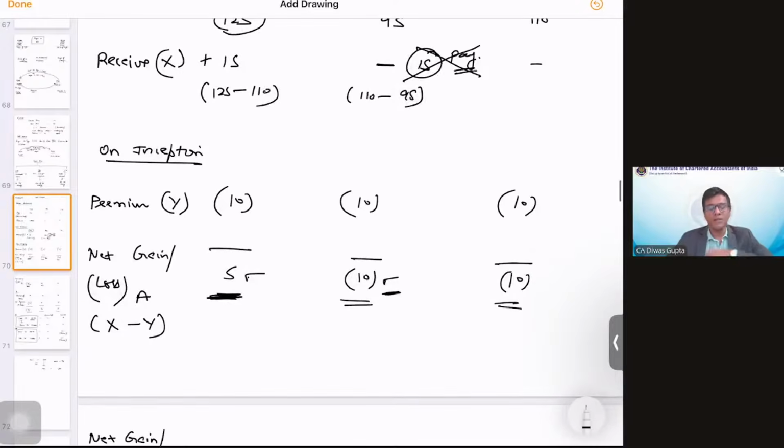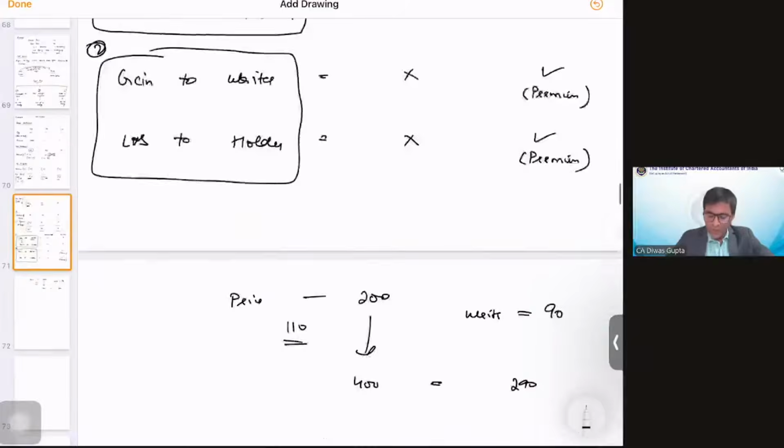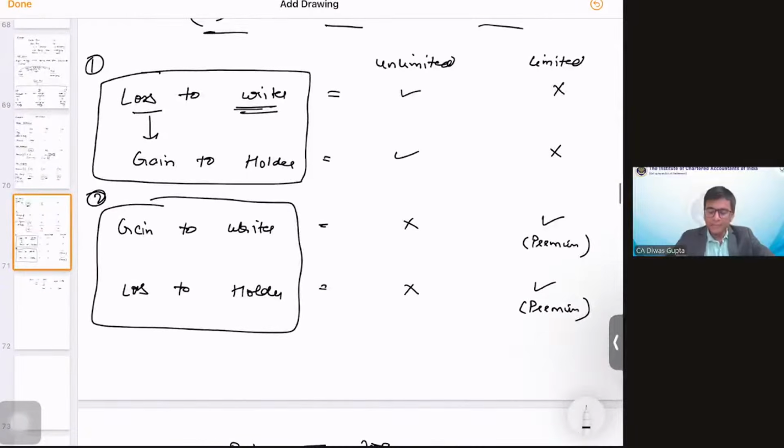And from that, if we have to calculate the net gain or loss, we'll have to reduce the premium that we have paid in the respective cases, and hence we will arrive at the overall gain or loss. Any question, students, still now, or should we now move ahead?